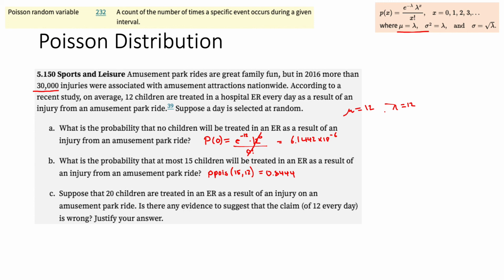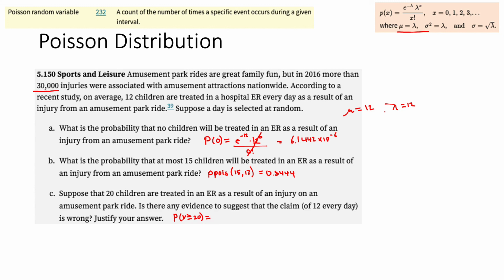The last one, which is kind of similar to the final question they've been doing for each of these: suppose that 20 children are treated in an ER as a result of an injury on an amusement park ride. Is there evidence to suggest that the claim of 12 every day is wrong? So because 20 is higher than 12, we're going to go for the probability that x is greater than or equal to 20.